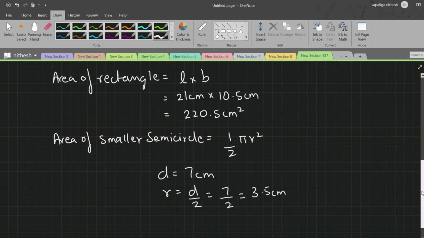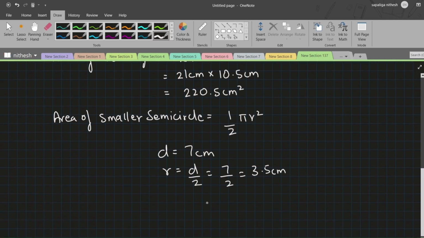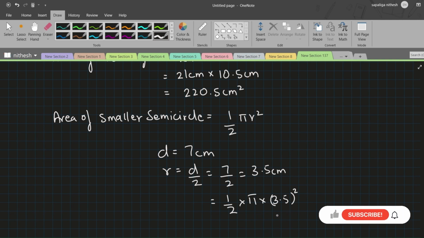Now we substitute the value of the radius in the given formula, that is half into pi into 3.5 the whole square. You can substitute pi as 3.14 or 22 by 7. It's better to substitute 22 by 7 so that 7 and 3.5 get cancelled and the calculation becomes easy.